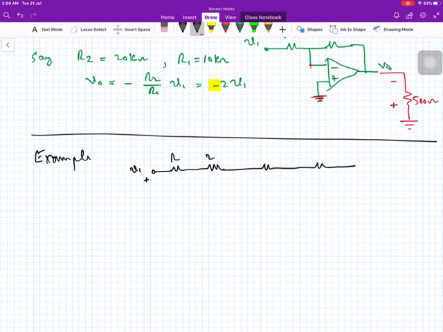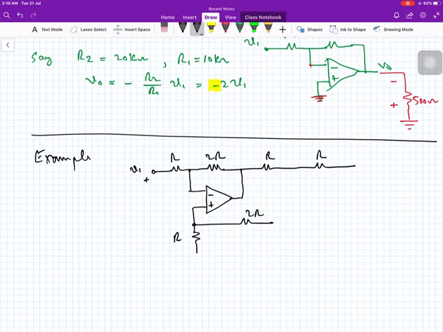This is R and 2R, resistance R and resistance R. We have an operational amplifier, so inverting input, and we have resistance over here R, and we have resistance 2R. Here we have another operational amplifier.